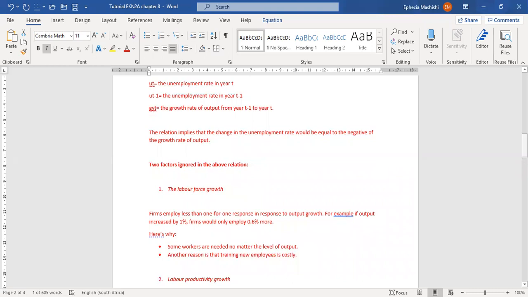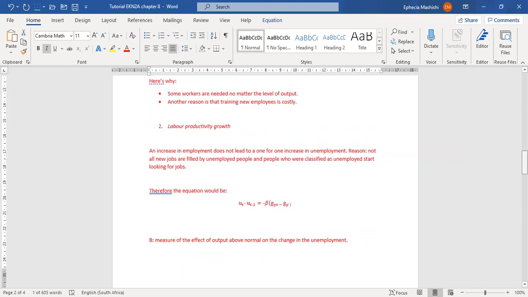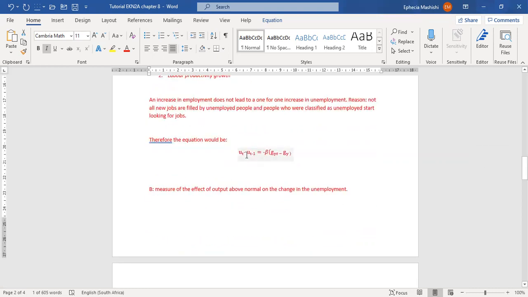So some jobs are filled by people who are employed but changed their jobs. So maybe they change from one job to another. And eventually, people who were classified as unemployed start looking for employment. And therefore, because of those two factors, this would be the equation.